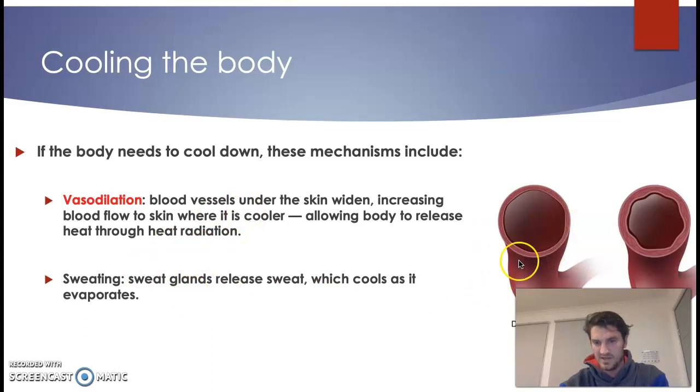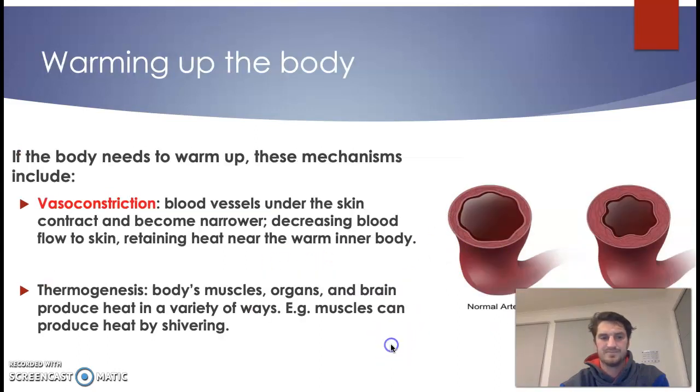And if you just take a look again, that's a normal artery, that's a dilated artery. I like to compare them to hoses, okay? So that's a wider hose, and that's going to allow more flow through it, okay? So it's like a fireman's hose, I guess, compared to just a regular garden hose, which we'll see a more narrow hose in the next slide.